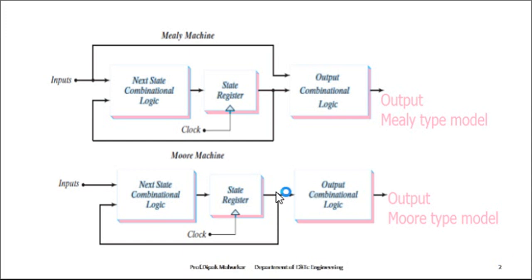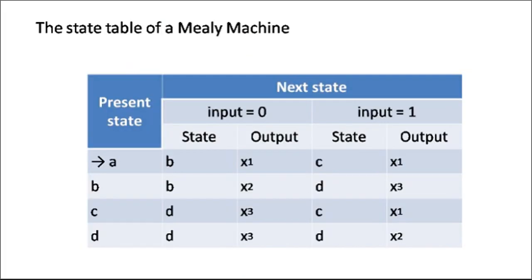If you observe this diagram, the external input to the output decoder is missing, because external input is not applied to the Moore type. Then we will see the respective table so we can see the difference.